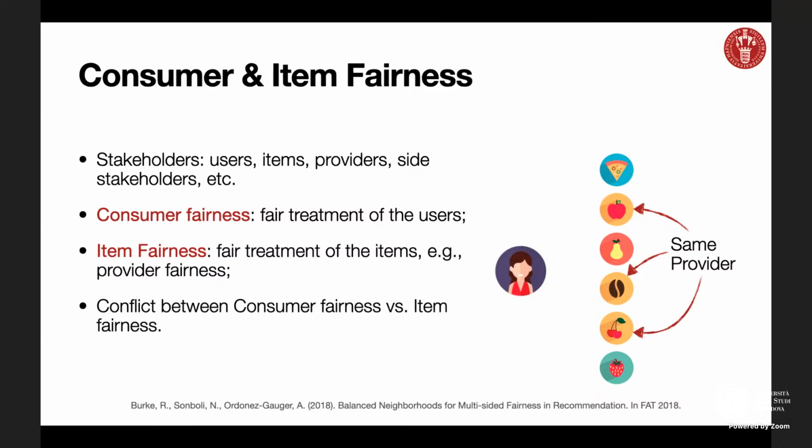And again, there is a conflict between the consumer and item sides. As we have seen, you cannot, at least not simultaneously, optimize both of them; you need to find a trade-off.